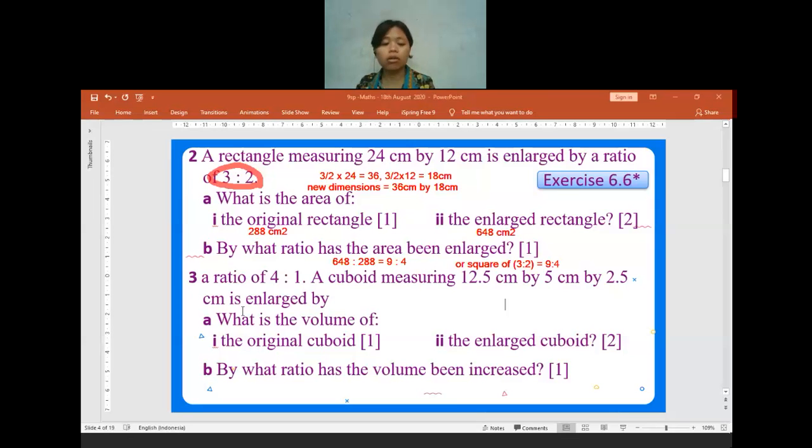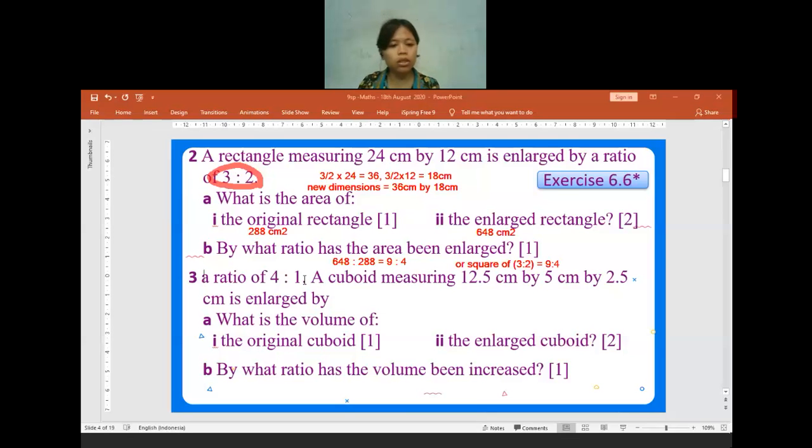No question? Okay. If no one has a question, let us move to question 3. Wait, I think I missed some words in here. Oh yeah, already. For question 3, a cuboid measuring 12.5 centimeter by 5 centimeter is enlarged by the ratio 4 to 1.